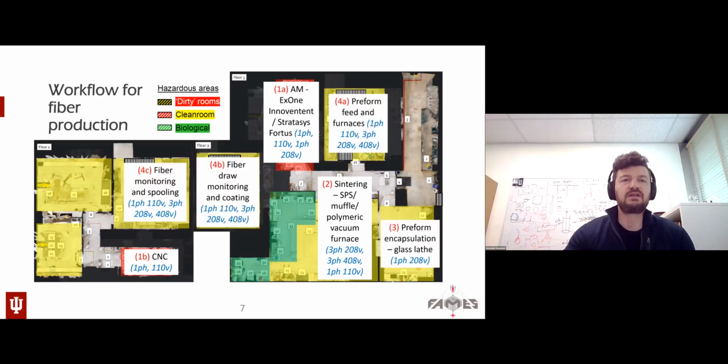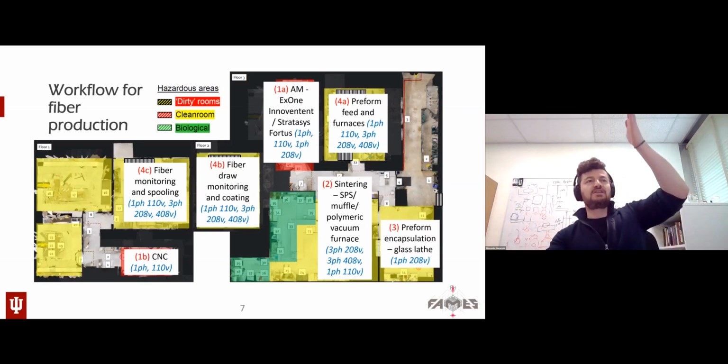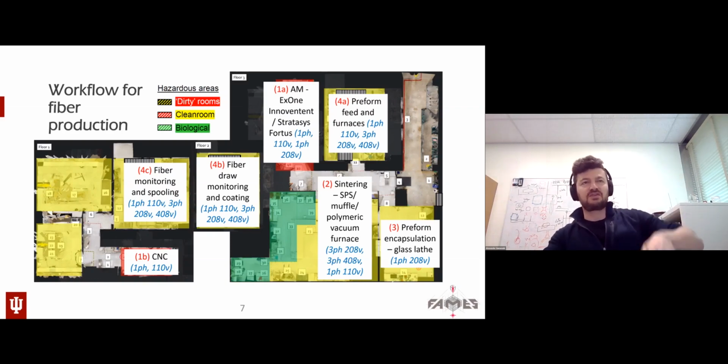Then we encapsulate that in a larger preform with a glass lace. Then we take it to the draw process, and a draw tower is a 27 feet high setup where the process is vertically aligned such that at 3 levels of the draw tower, the fiber goes through different processes. So you start from feeding the preform into the furnace to melt it down, high power furnace.